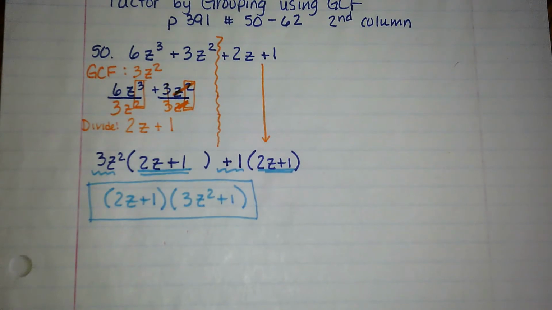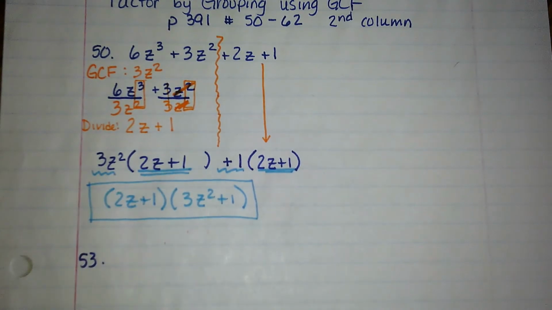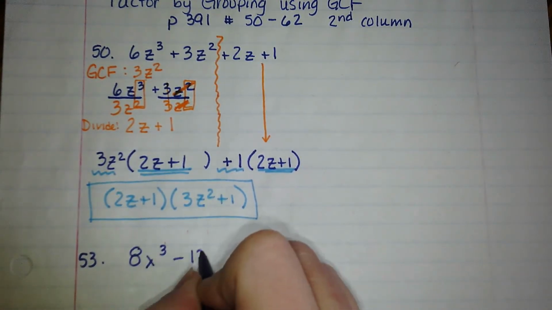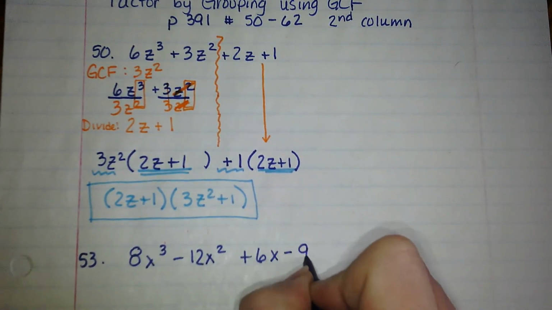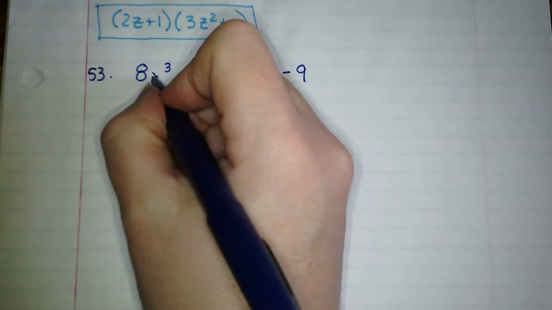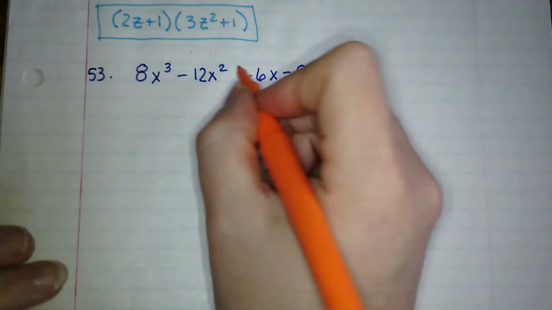We're going to go ahead and take a look at number 53. 53 says 8x to the third minus 12x squared plus 6x minus 9. Now, the first thing we're going to do is split this guy down the middle.